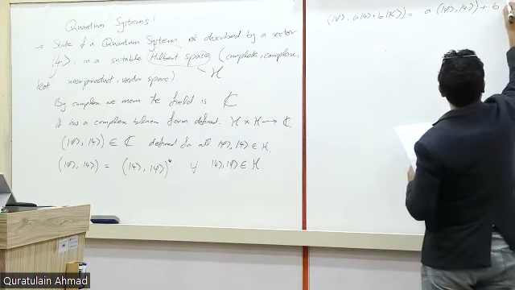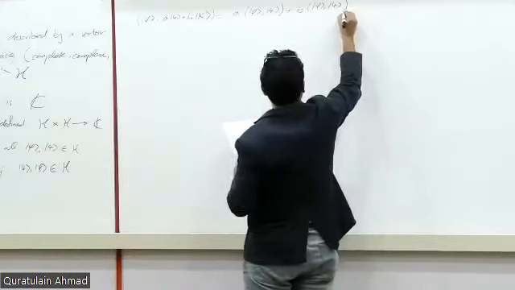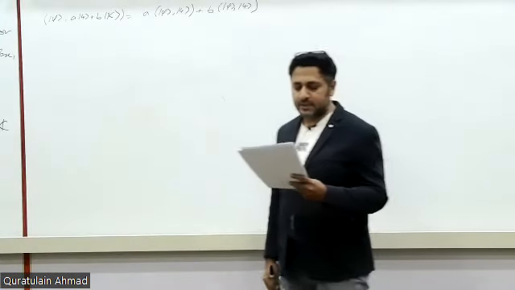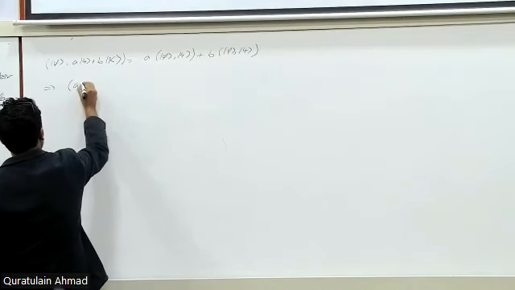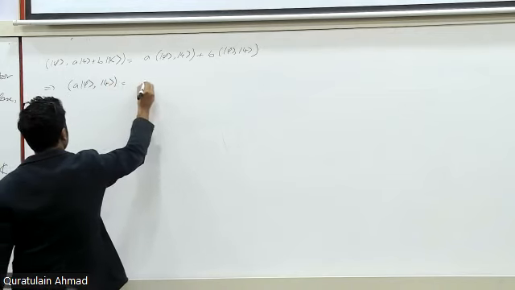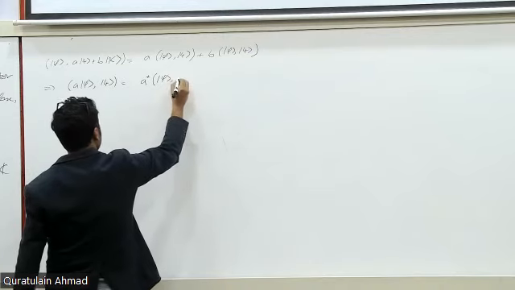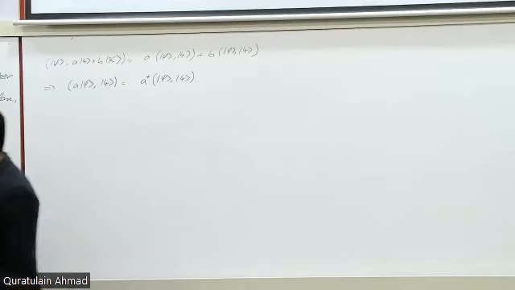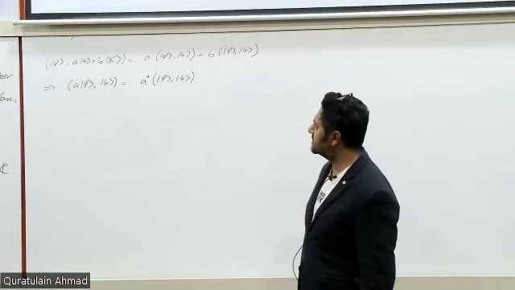But one should notice that if I put a number here, it gets complex conjugated when I take it out because of this property. So it's linear in the first, but in the second, the linearity is slightly skewed.